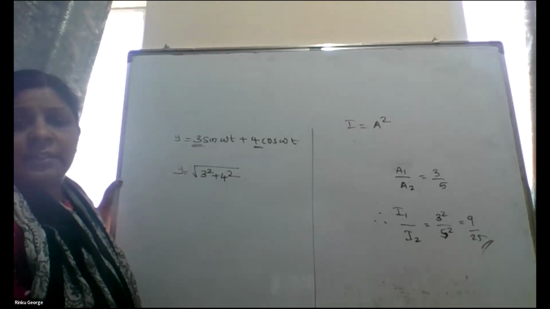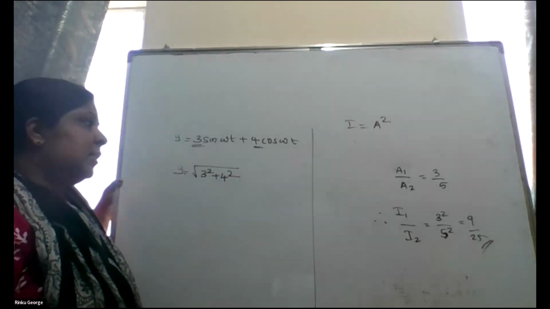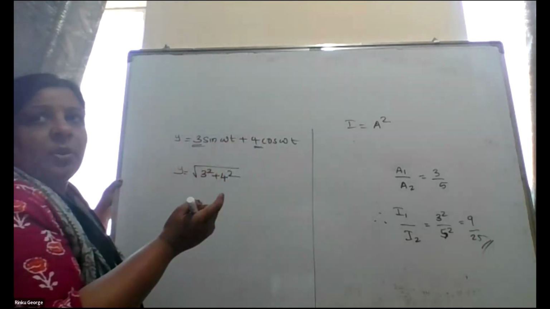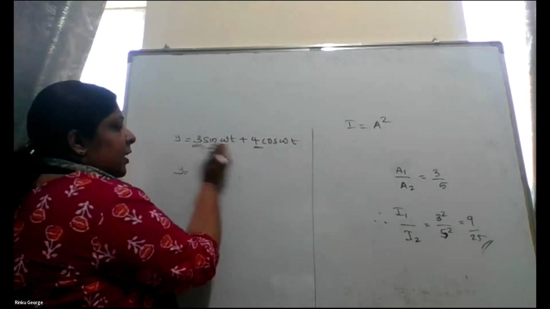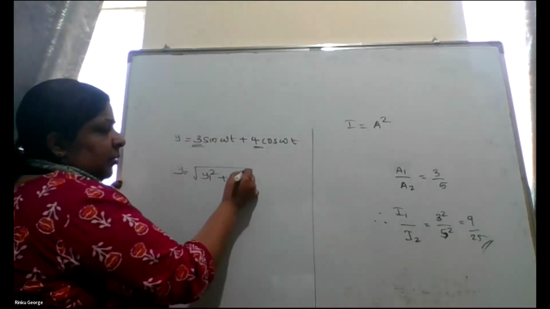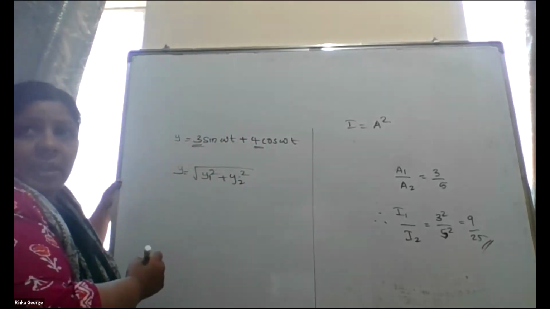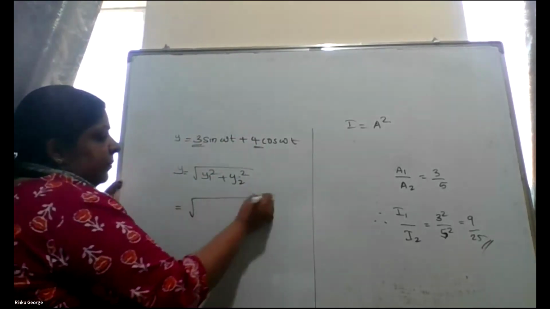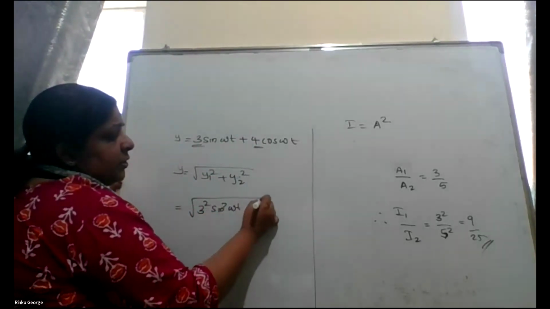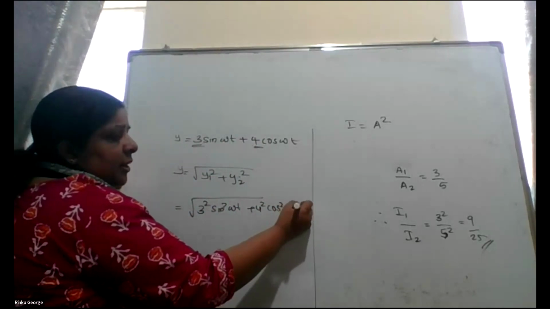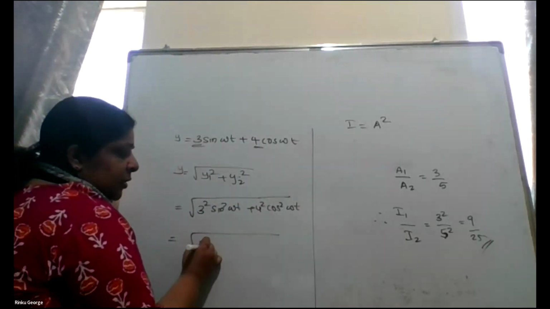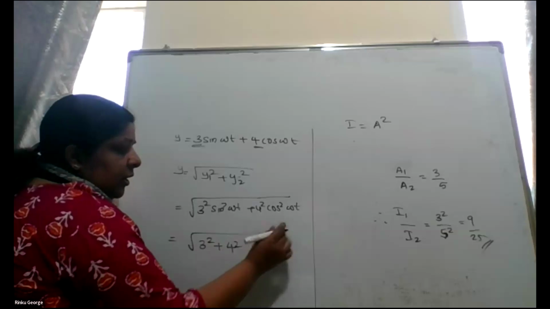They are asking for the resultant amplitude, right? For that, cos square theta plus sin square theta is 1. When you square and add, it is basically root of y1 square plus y2 square only. You get 3 square sin square omega t plus 4 square cos square omega t, and since sin square plus cos square is 1, you get 3 square plus 4 square only.